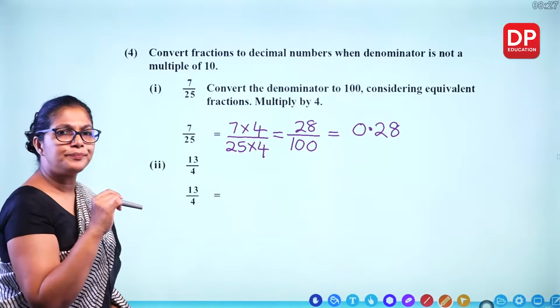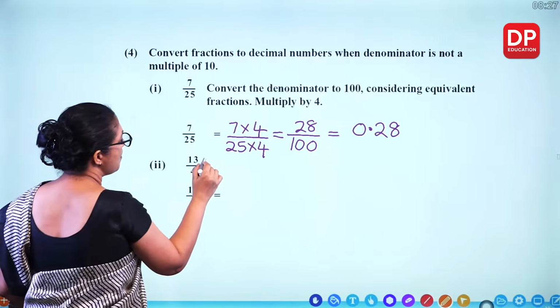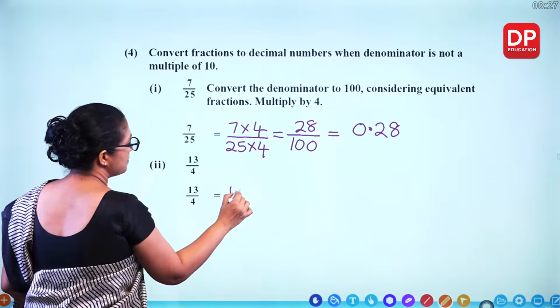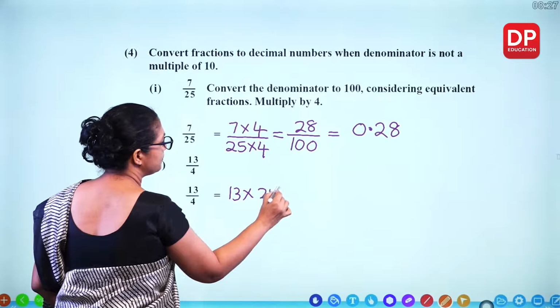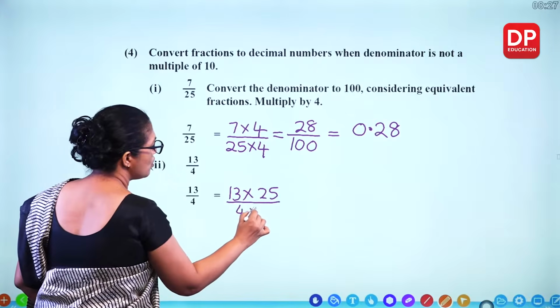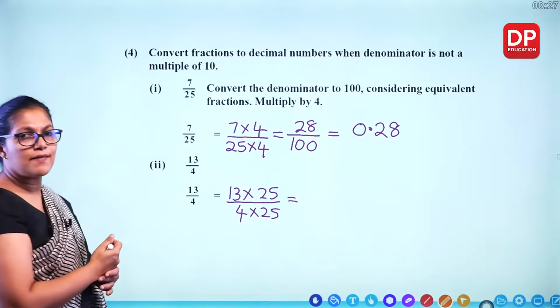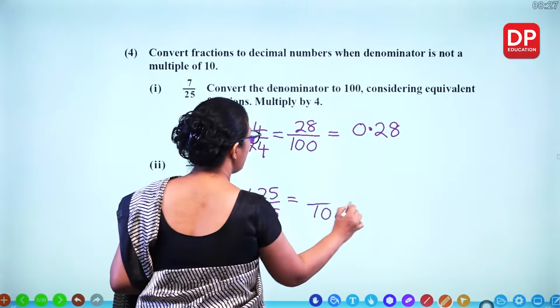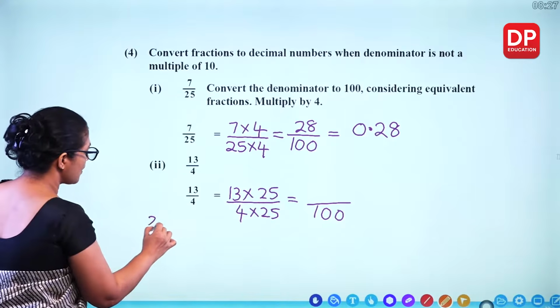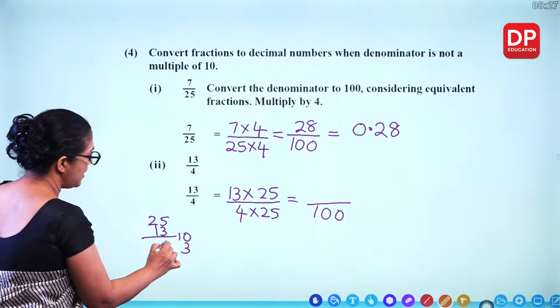13 over 4. How can you convert to 100 there? We can multiply this by 25. 4 into 25, because 4 into 25 is 100. So you get 100 here. What's the numerator? 25 times 13. 10 and 3.